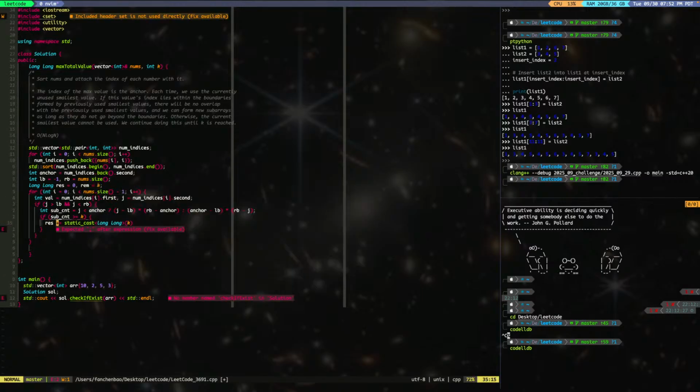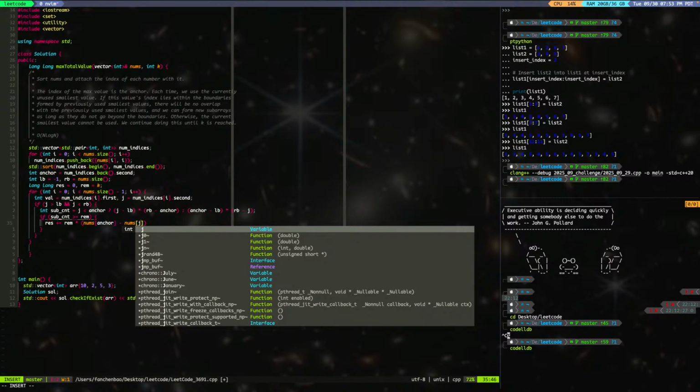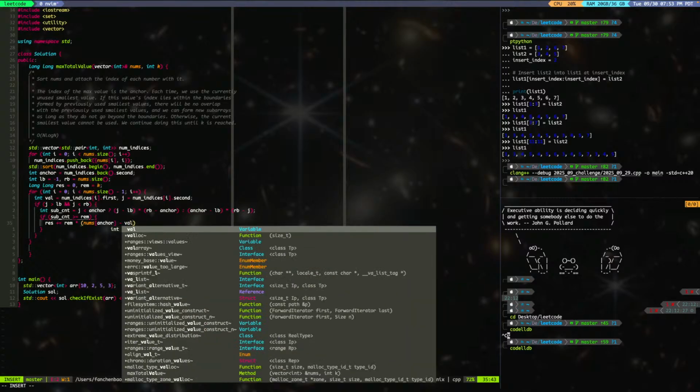Then we don't need to static cast because remaining will be multiplied by nums anchor minus nums j. Oh, I have value, minus val.